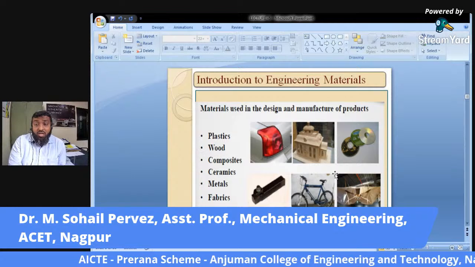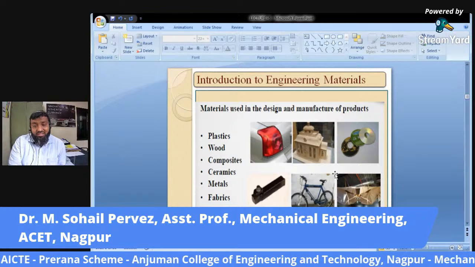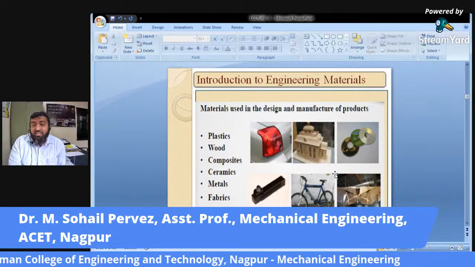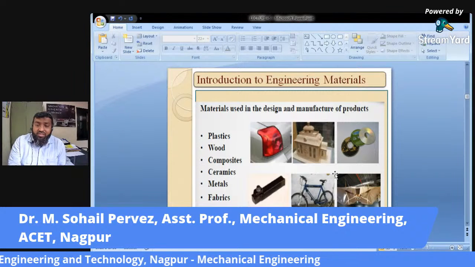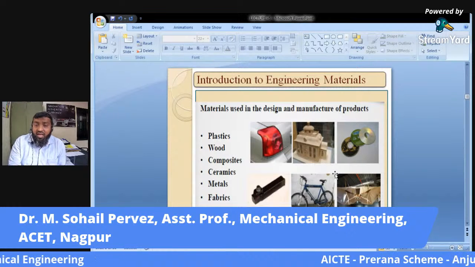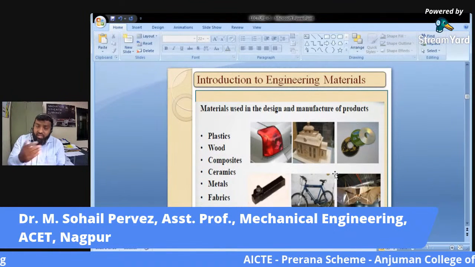Wood, composites, ceramic. You might have heard the name ceramics. Then metals and fabric. Fabric is a more common element. I'm interested in composites, ceramics, and metals, even plastics also.